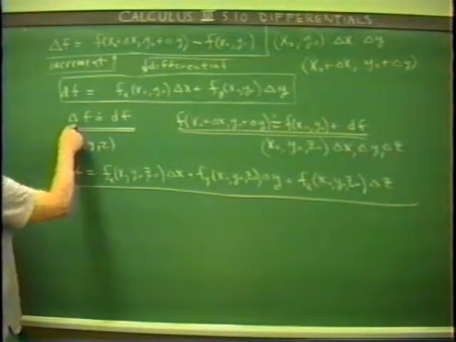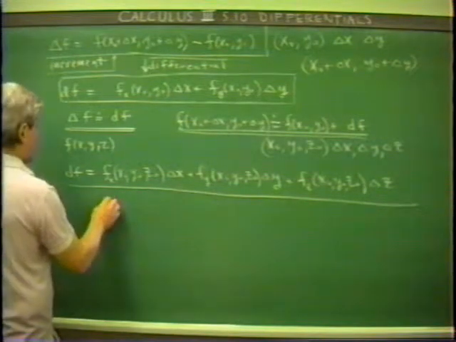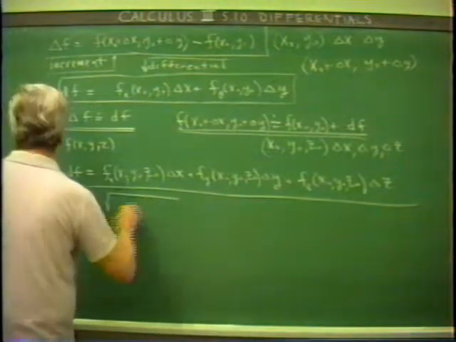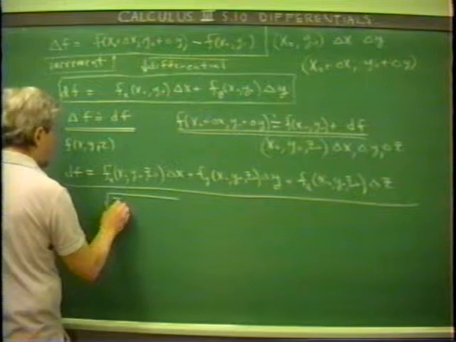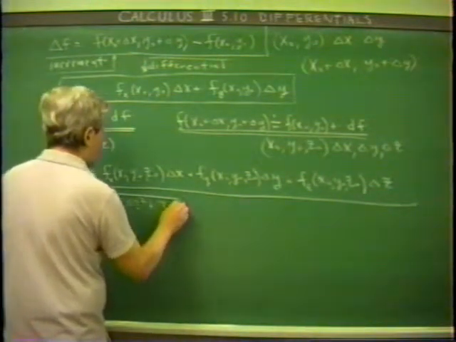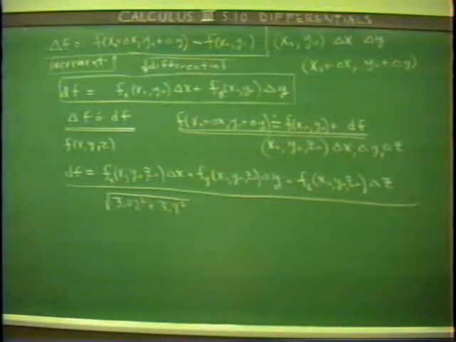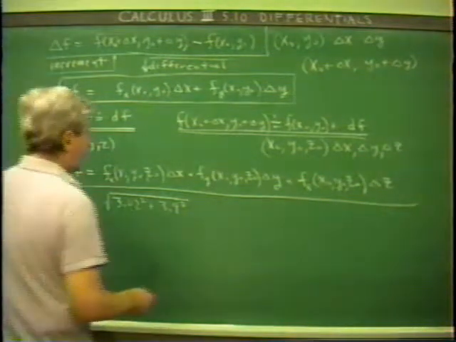Let's take a look at a simple example of how the differential approximates the actual change, or the increment, in the function. Let's suppose that we wish to compute the square root of 3.02 squared plus 3.9 squared.